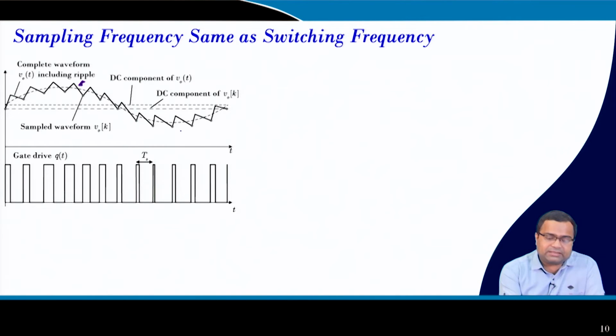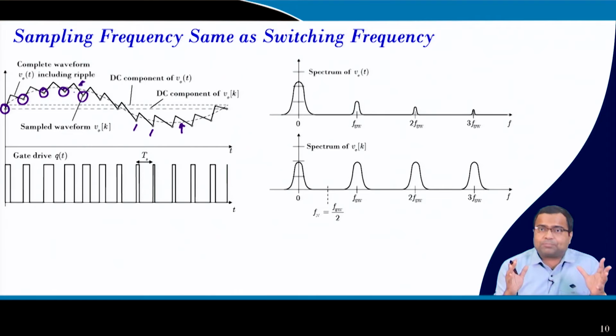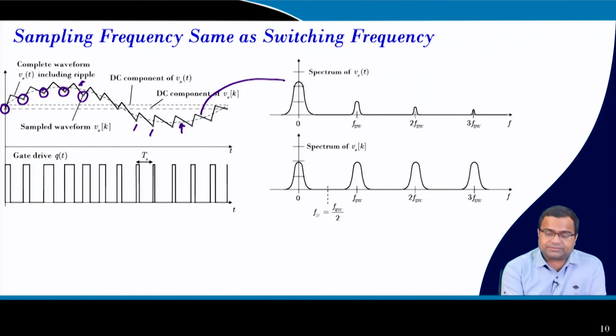So, this is my average output voltage, and the actual output voltage will also have a ripple. Now, if we take one sample here, sampling at every edge, this is the sampled waveform. Then what will happen? Consider the actual power spectrum of the analog signal.